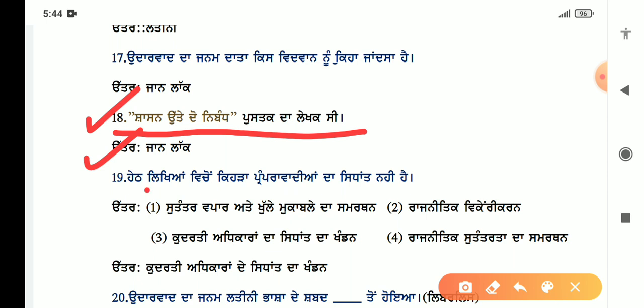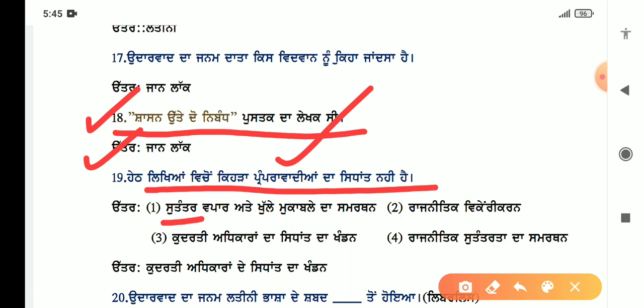Out of the following, which is not a classical liberalism principle? Free trade and open competition, it is a principle of traditional liberalism.